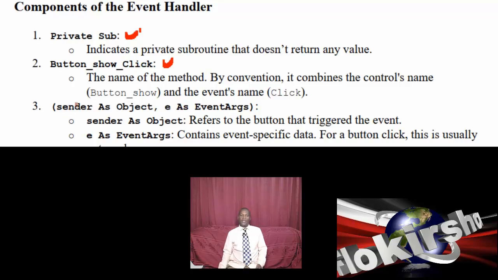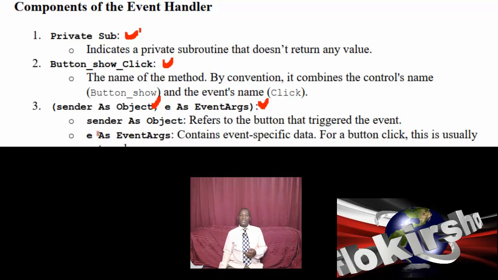Number 3, we have sender As Object and e As EventArgs. Sender As Object refers to the button that triggered the event.